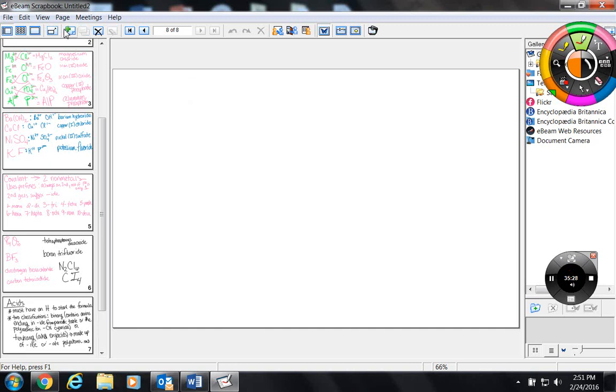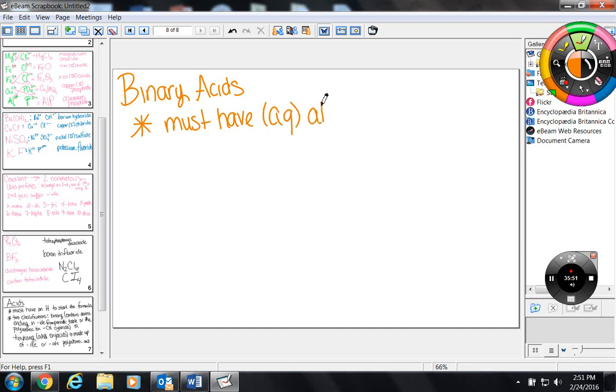All right, binary acids. They must have AQ at the end to designate them as an acid. Otherwise, you can name it as a covalent compound because there are only two elements involved.